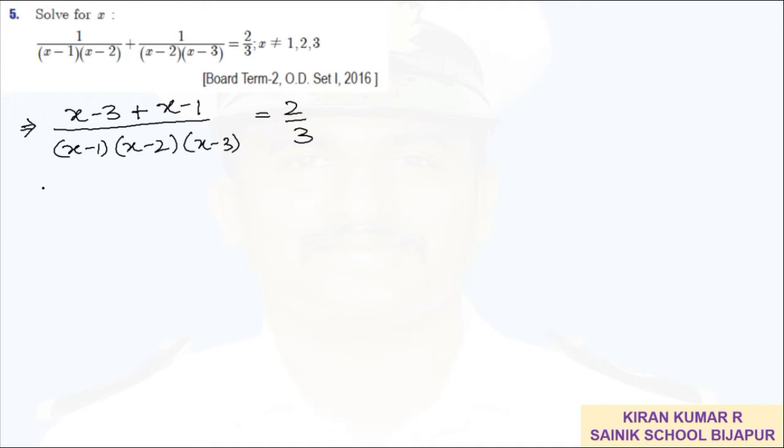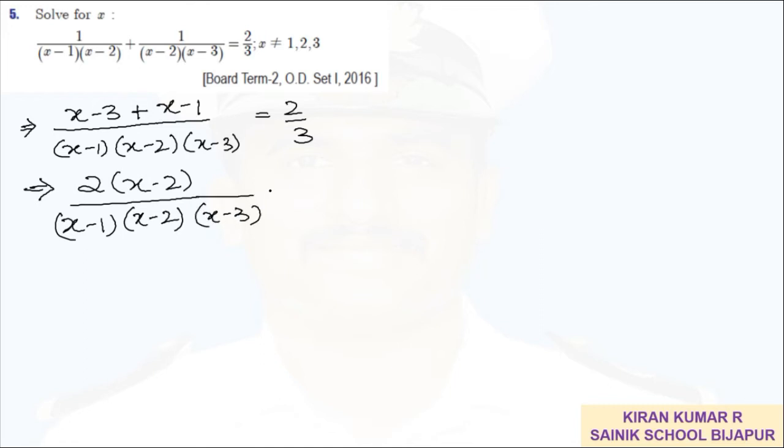The numerator will be 2x minus 4. 2x minus 4, there is 2 common. So let me write it as 2 times x minus 2 divided by x minus 1 into x minus 2 into x minus 3 equal to 2 by 3.